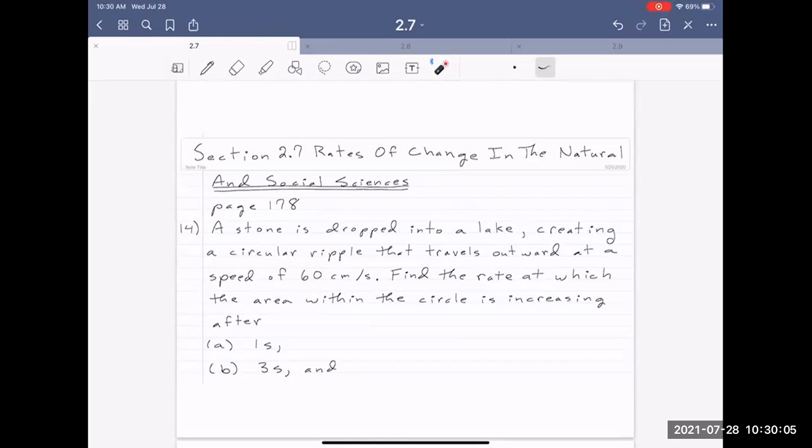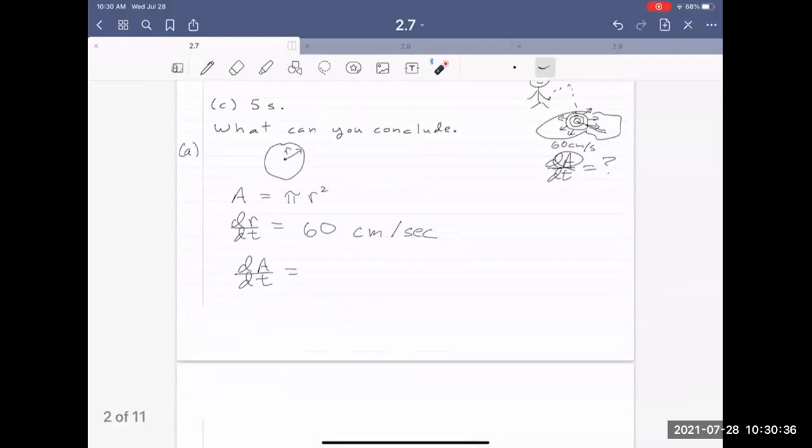But with respect to what variable? With respect to the radius or with respect to the time? It's implicit that when I talk about rate, I'm measuring how big it's getting with respect to time. And so this is dA dt.